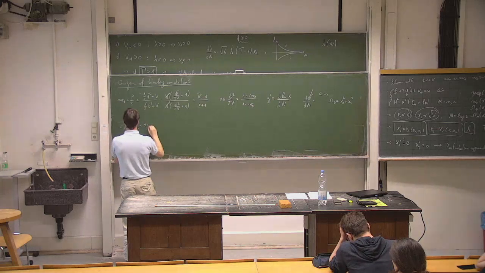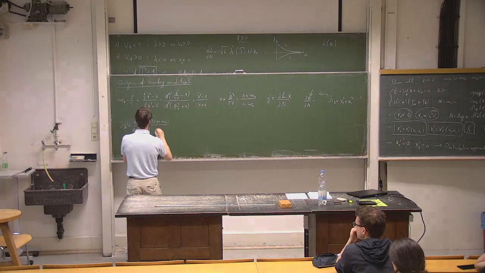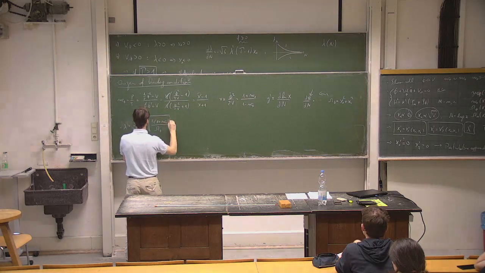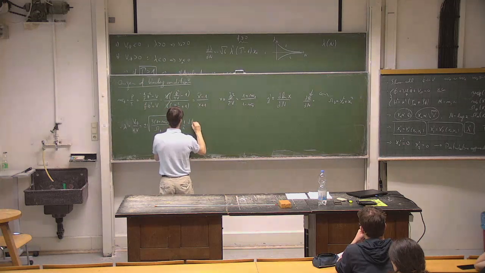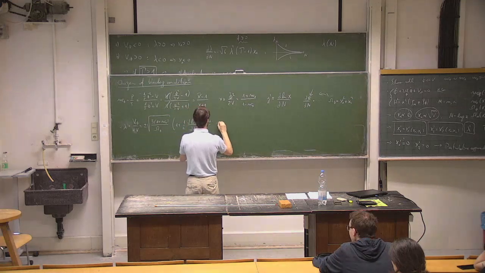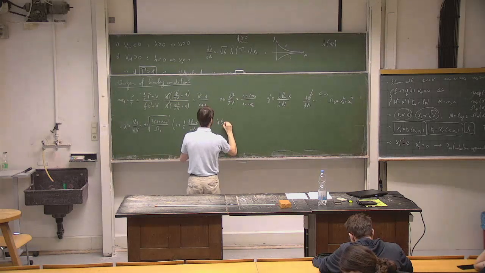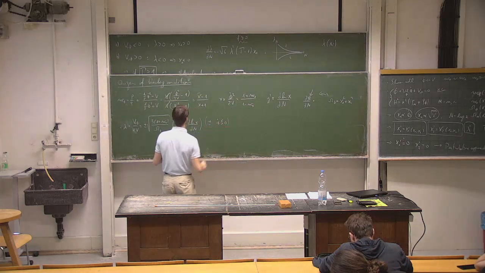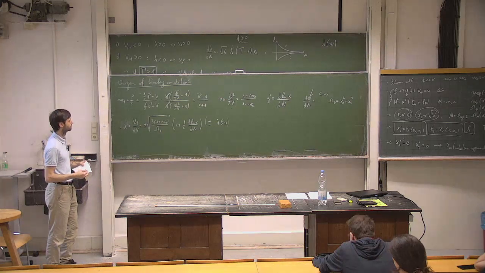And we get the solution. And the plus and the minus are given for phi dot larger or smaller than 0. Okay, we have this expression.